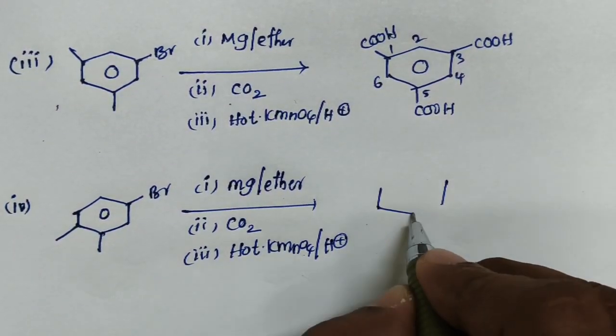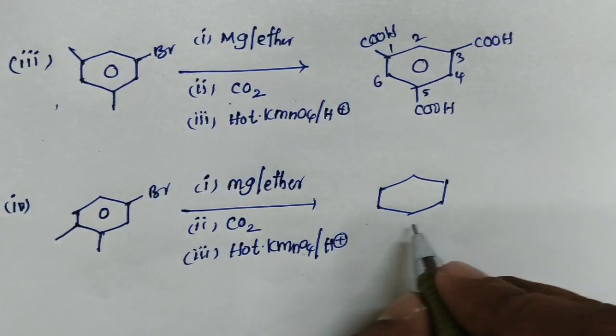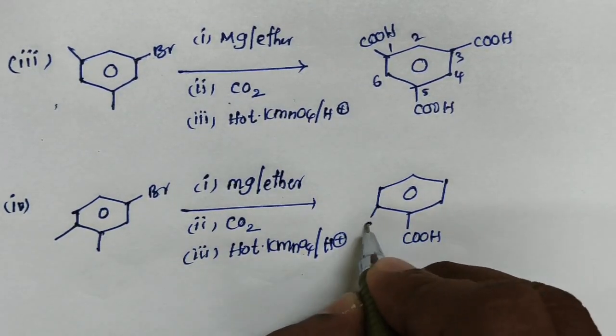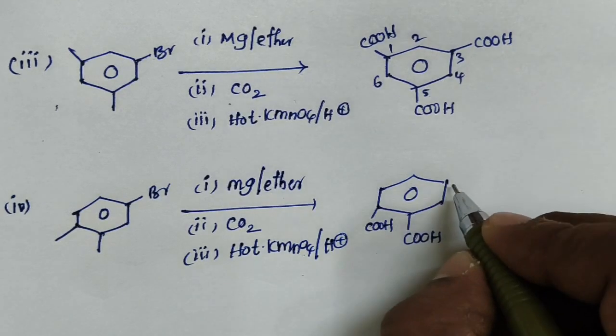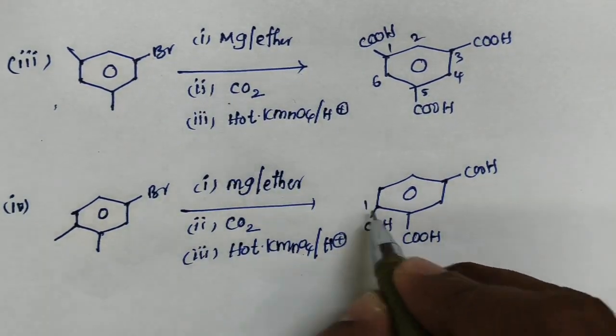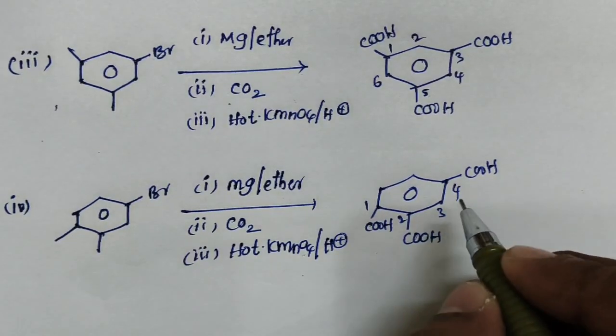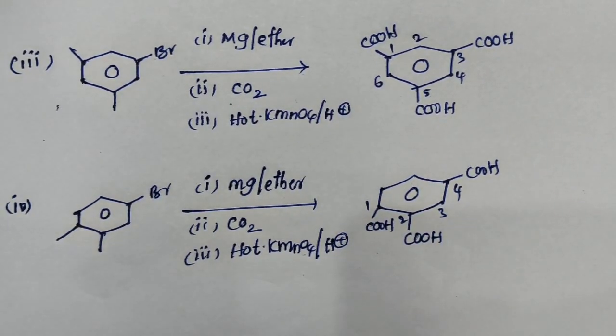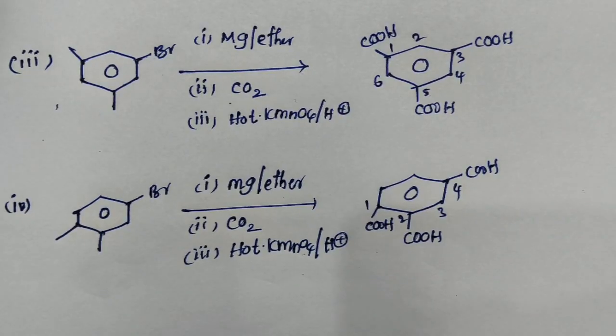So we can write the product is here COOH, COOH, here also COOH. So the product is here again 1, 2, 3, 4. So 1, 2, 4. That is another tricarboxylic product we got.